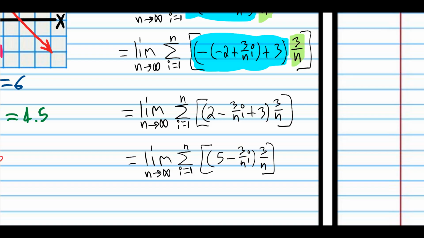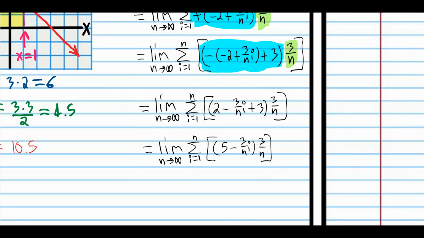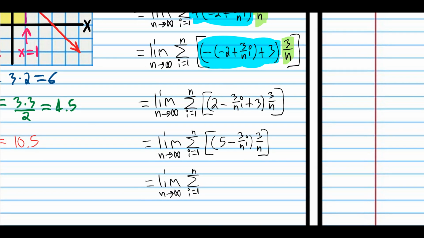Okay, so we get down to there, and then we're going to multiply that with that green 3 over n. We're going to multiply that using the distribution property. So then we get 15 over n minus 9 over n squared I.